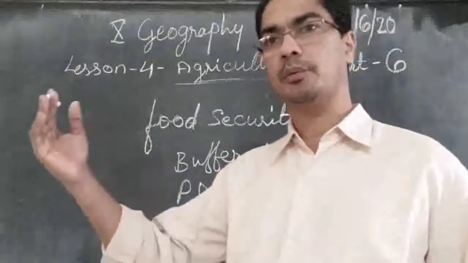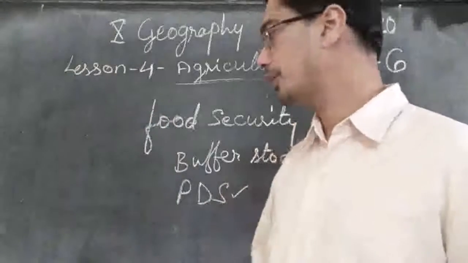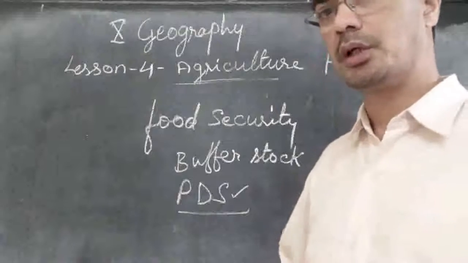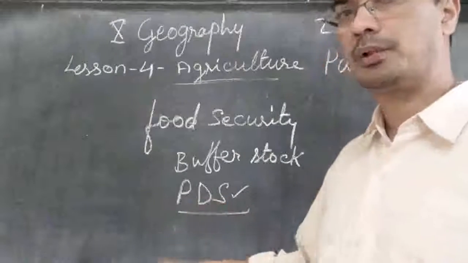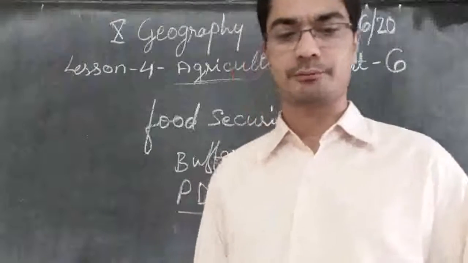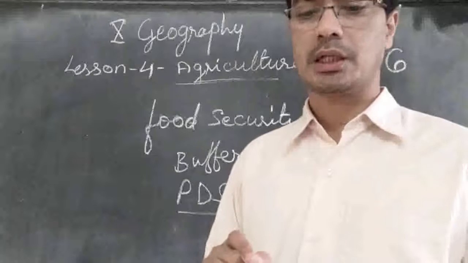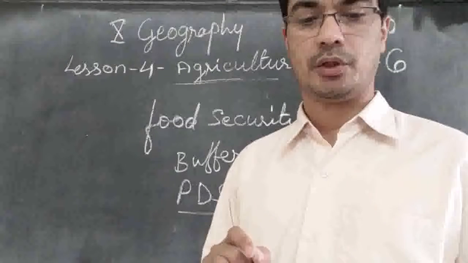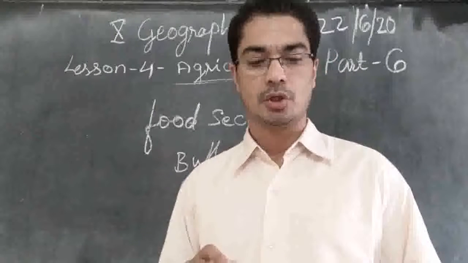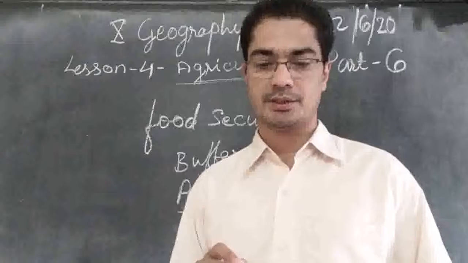Otherwise poor people will not be able to go and buy from the shop. So they will be starving. So government has introduced in the rural areas or even in the urban areas, the PDS shops are open and the food grains are supplied to the people at a lower price. Then India's food security policy has a primary objective to ensure availability of food grains to the common people at an affordable price.